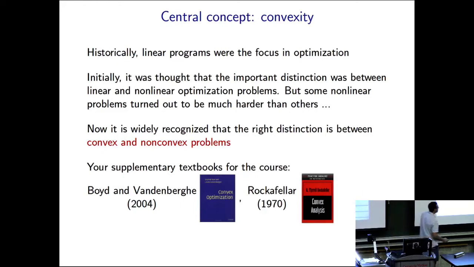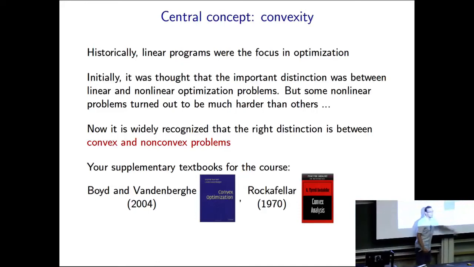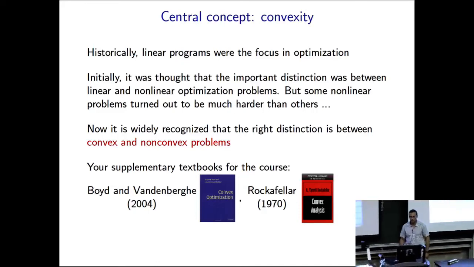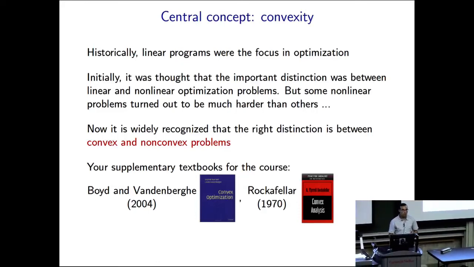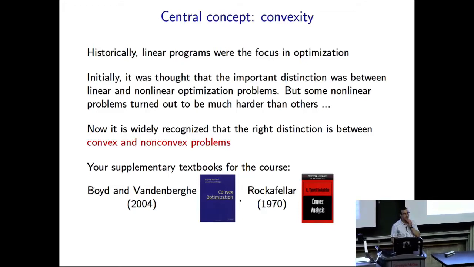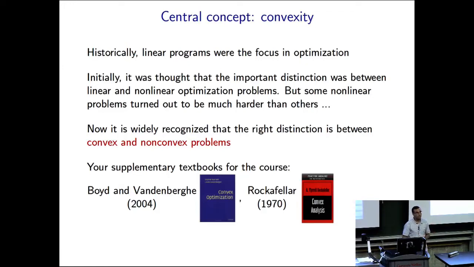The other is Rockafellar. Rockafellar's book is a lot older. It's called Convex Analysis. Just a word of warning, it's much less readable. It reads essentially like a math textbook that's been compressed down into a tiny amount of space. I think it's wonderful in terms of how much it covers.